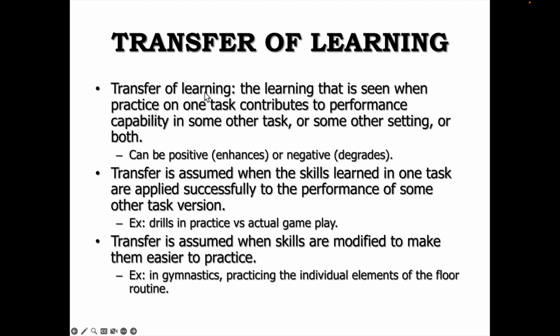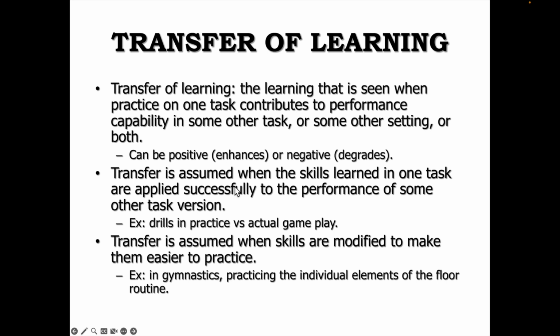This transfer of learning could either be positive, meaning that practicing one particular skill leads to better performance of that skill in another situation, or better performance in a separate skill. Or it could be negative, meaning that performance actually drops or decreases.